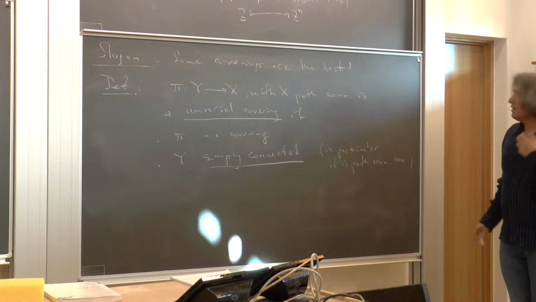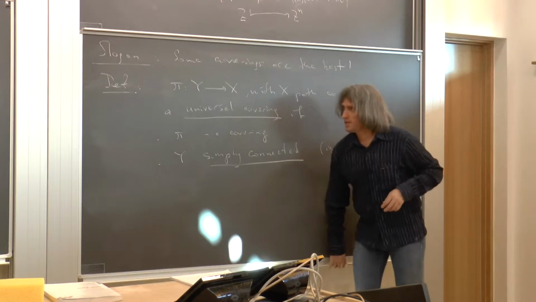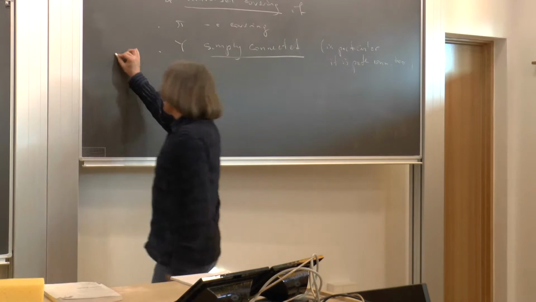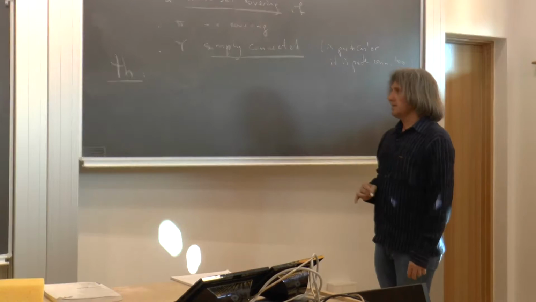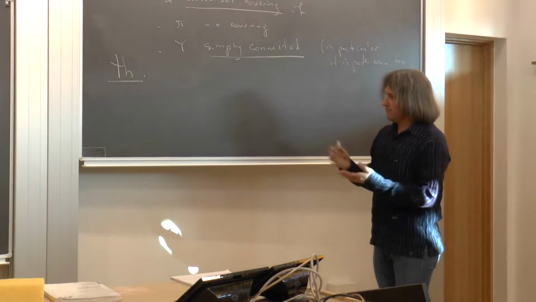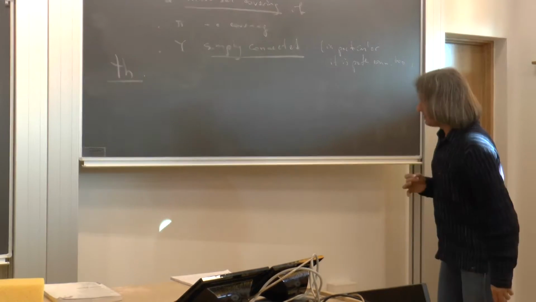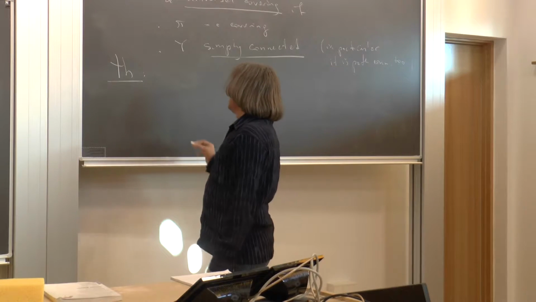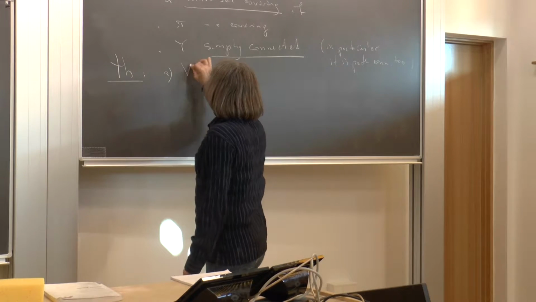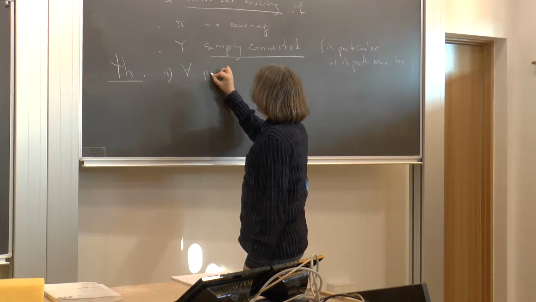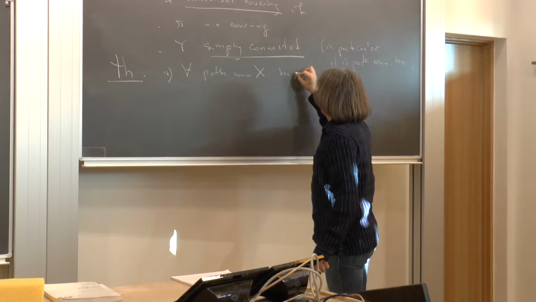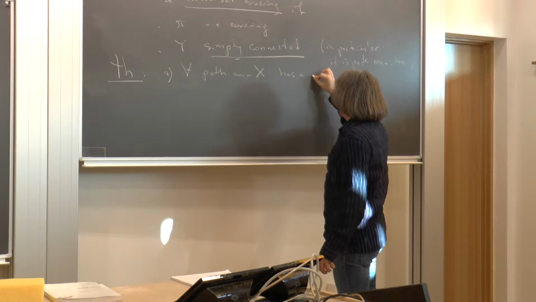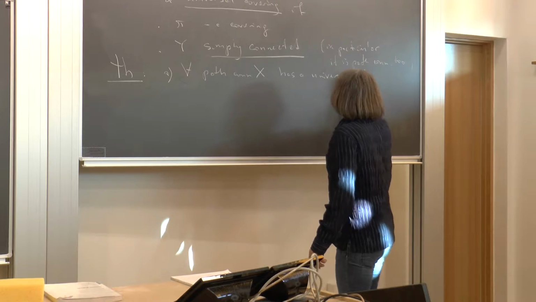So, yeah. So why are such coverings better than the others? Here is the theorem, which I will not prove, but in our main example it will be obvious. So theorem, first of all, any path connected x has at least one universal covering.